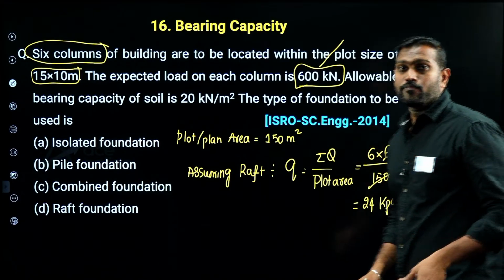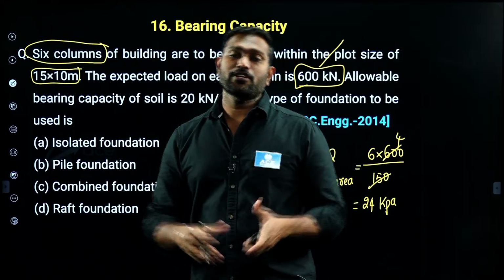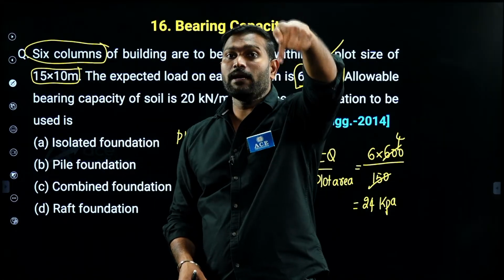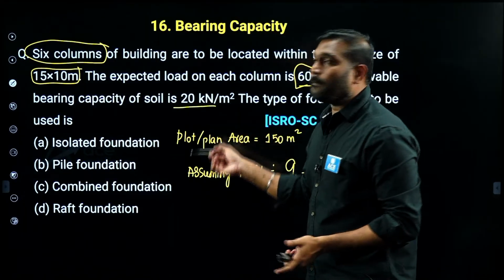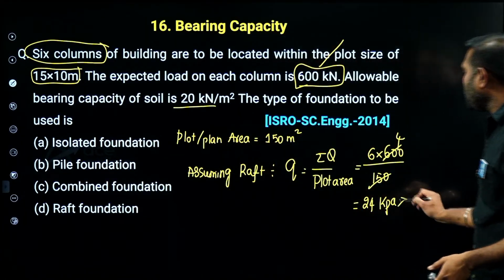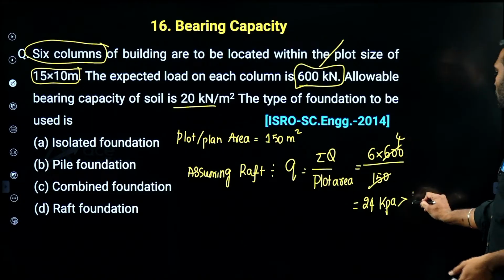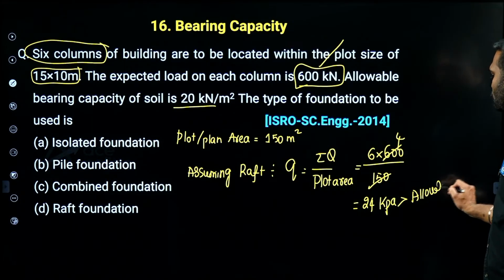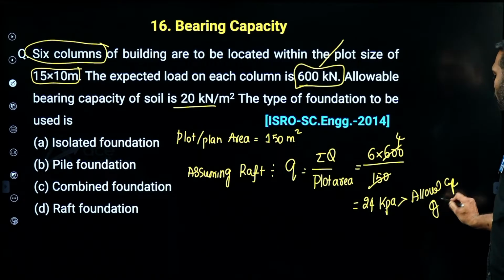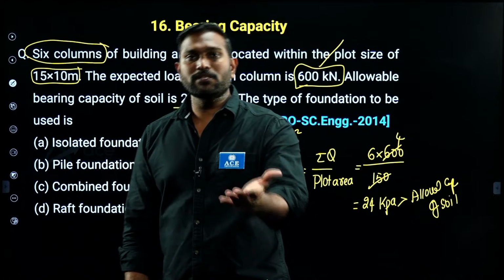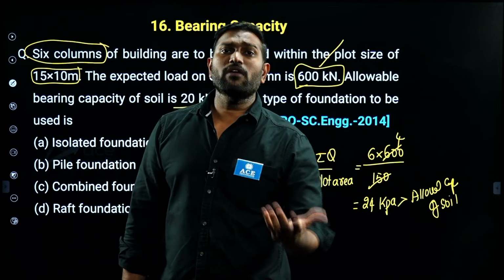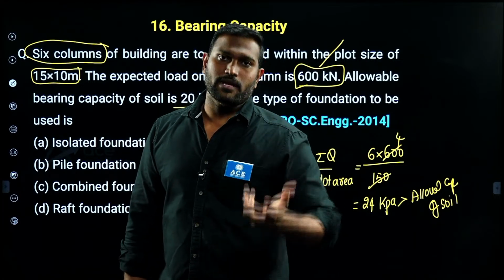If you provide a raft foundation, then the pressure of the building is 24, which is still greater than the allowable capacity of the soil. If it is not even possible for the raft foundation, how can we go for individual or combined footing?